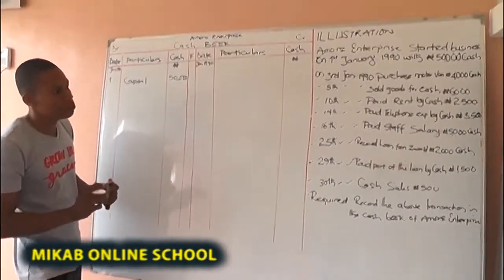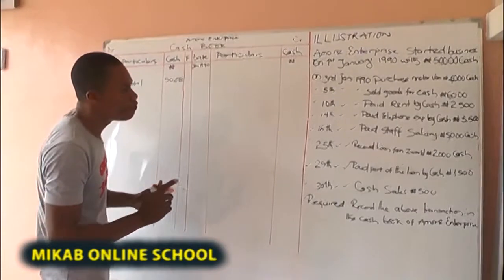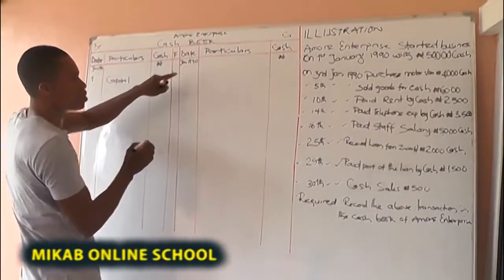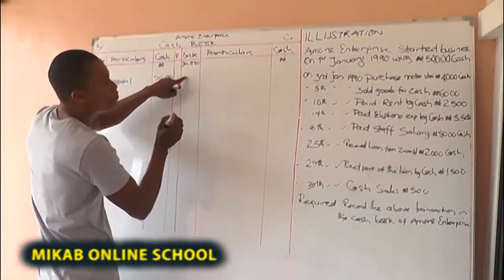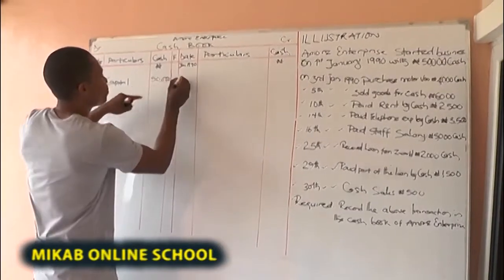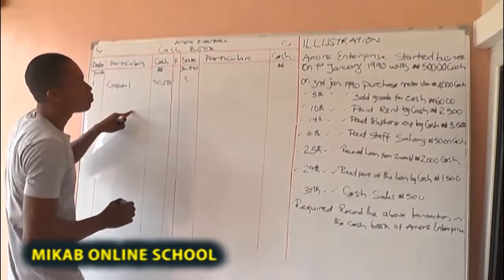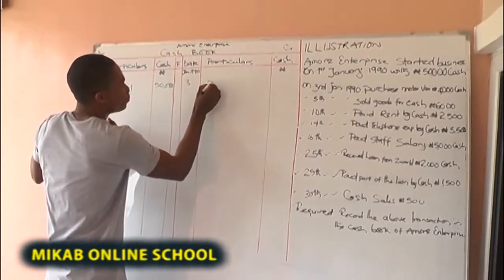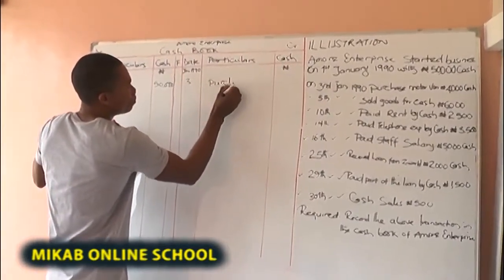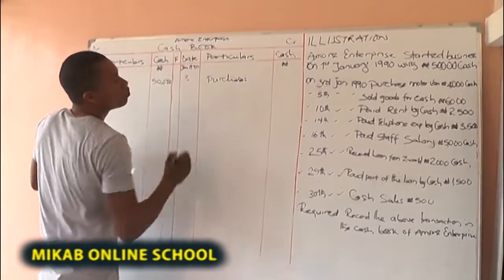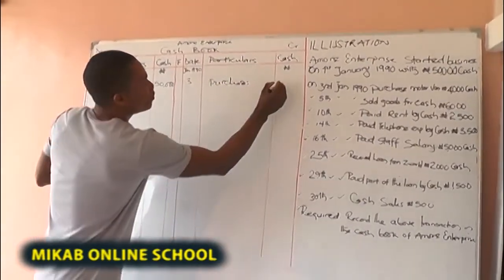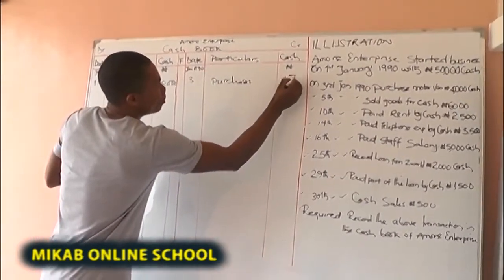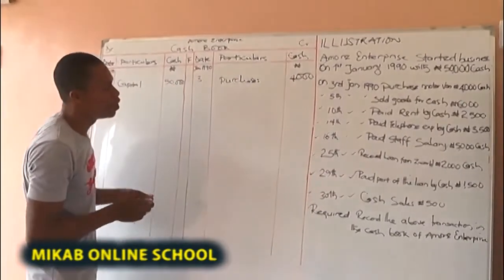Motor van. Then we record it. What is the date? On the 3rd. You write on the 3rd of January, purchases. How much? 4,000 Naira. I believe you are following.